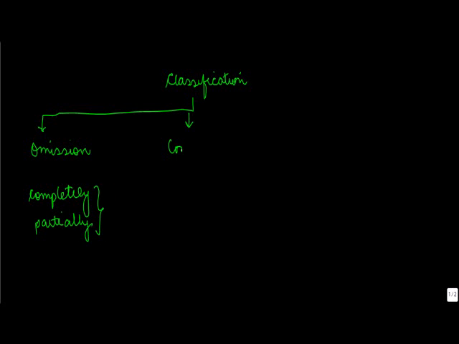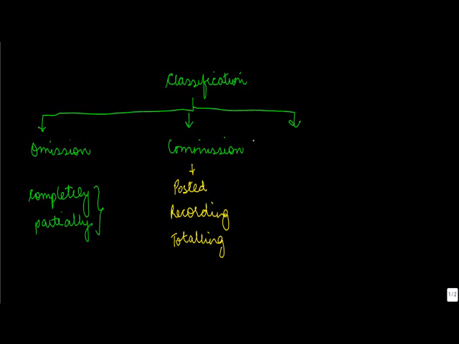The second could be an error of commission. Now this is not the kind of commission which you provide to an agent. These errors of commission are a little different, and there could be several reasons for it. You could have posted a number wrongly, you could have recorded a number wrongly, totaling could be wrong, and stuff like that. We'll see these again in detail in a separate video where I will take them independently.